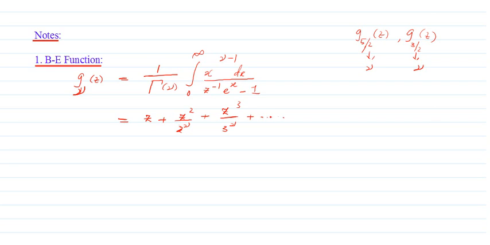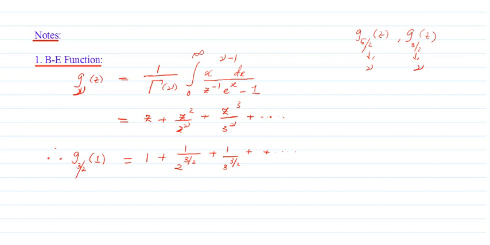Therefore, we have used a special value, G 3 by 2 of 1. How do you get it? You substitute Z equal to 1. So it will be equal to 1 plus 1 by 2 raised to 3 by 2 plus 1 divided by 3 raised to 3 by 2 plus 1 divided by 5 raised to 3 by 2, and it goes on.